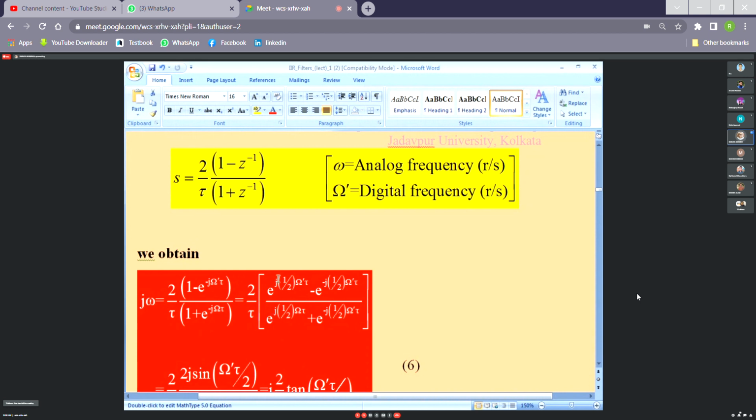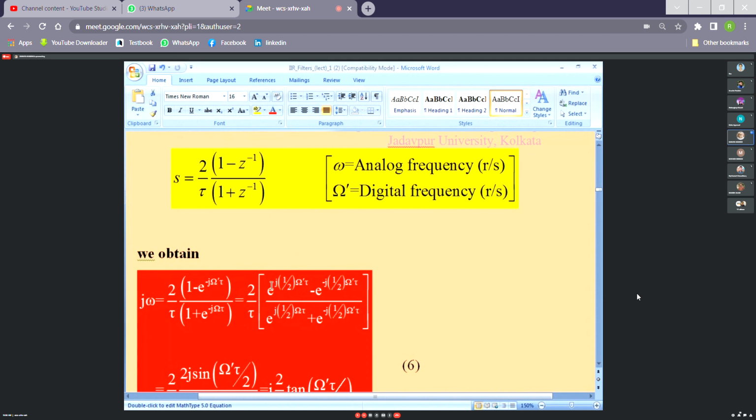Now in the numerator, if you divide by twice j and multiply by twice j, what will happen to the numerator? It will become twice j into sine of capital omega prime tau by 2.